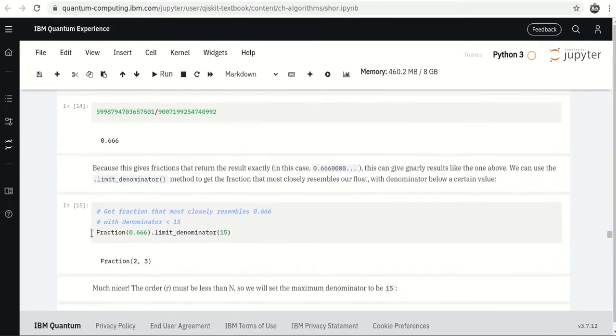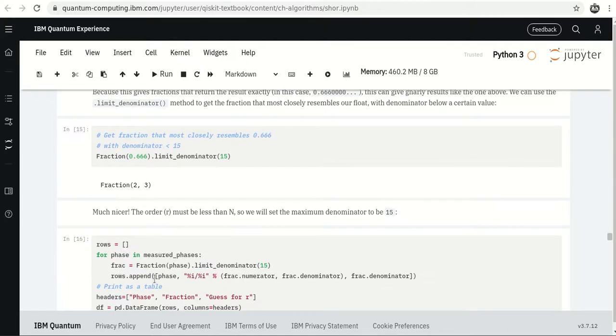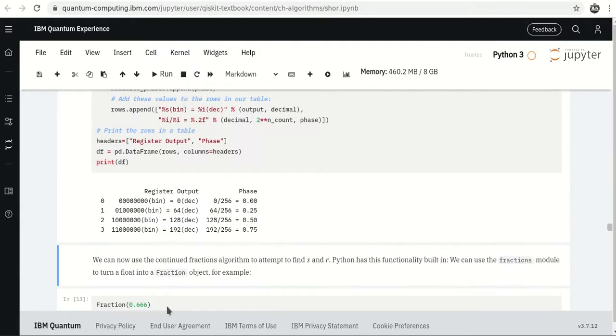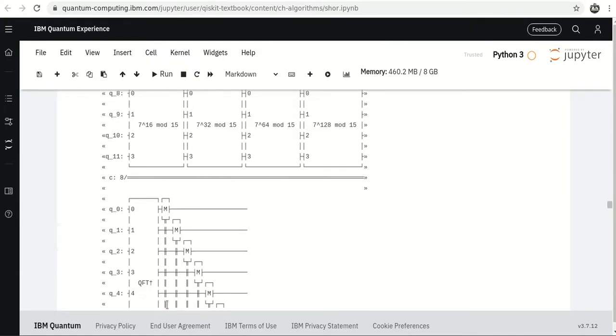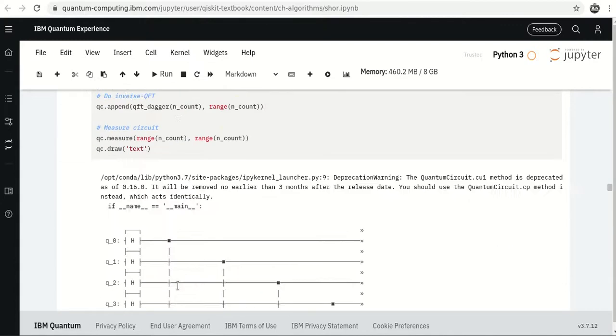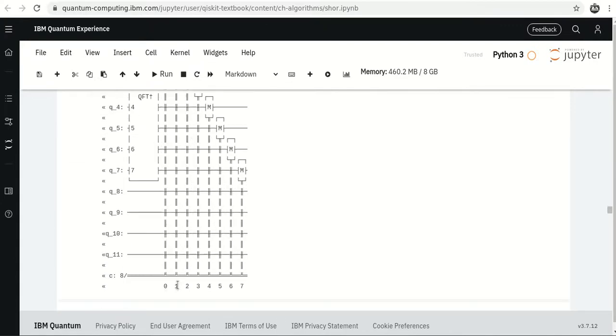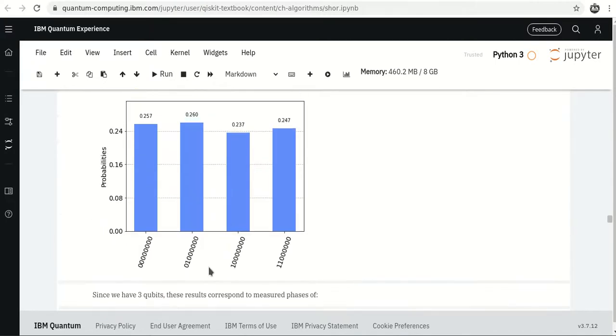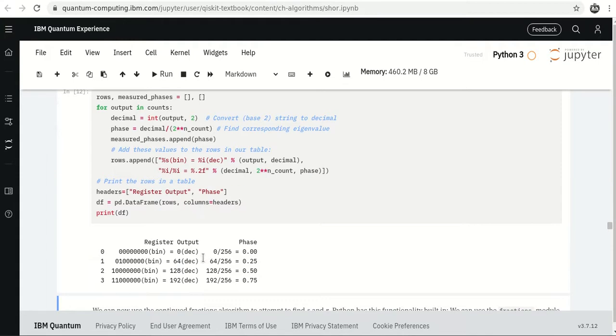Now the fraction can be, so this 2 comma 3 is easily found. For any number we can repeat the same procedure. What we are doing is just submitting a number as n, we don't know what that number is, and then we get an output after the quantum phase estimation circuit with these probabilities, and we know how many bits we have already used.